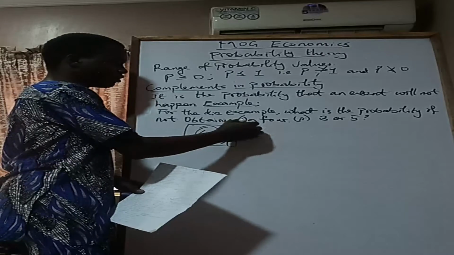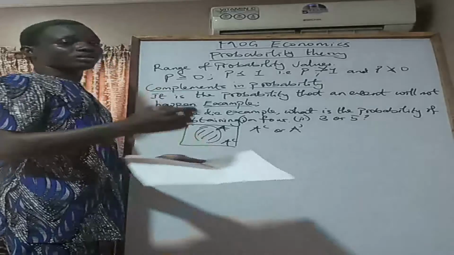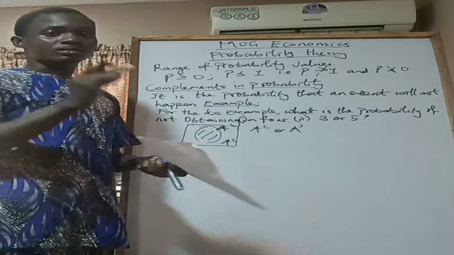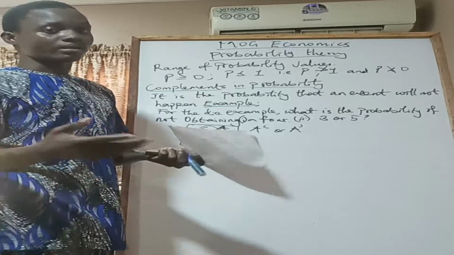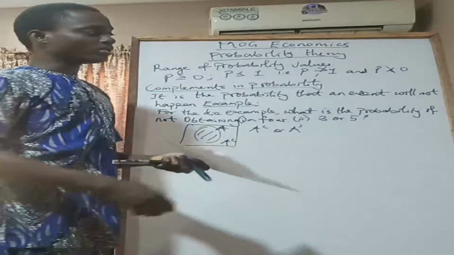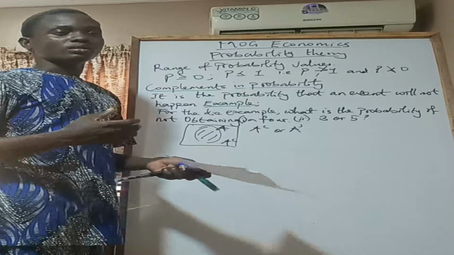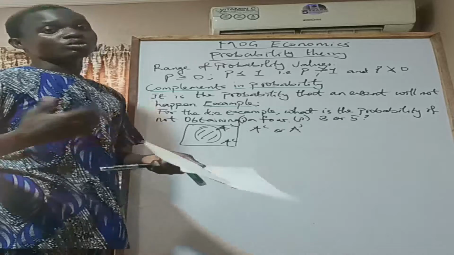It can be written as A^C or A prime. It's basically telling you the elements in the universal set that are not contained in set A. Literally, what that means in probability, when we're looking at complementary probability, is that it measures the probability that an event is not going to happen.